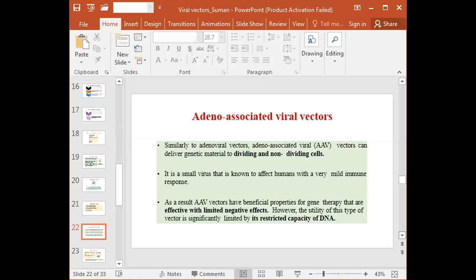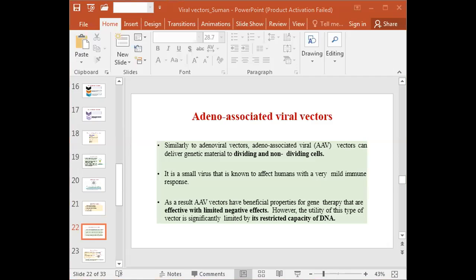Now coming to the adeno-associated viral vectors. Similarly to adenoviral vectors, adeno-associated viral vectors can deliver genetic material to dividing as well as non-dividing cells. So this is the advantage. Mostly adeno-associated viruses originate from the Dependovirus genus of the parvovirus family, and were first discovered in 1965 as a co-infecting agent of the adenovirus.